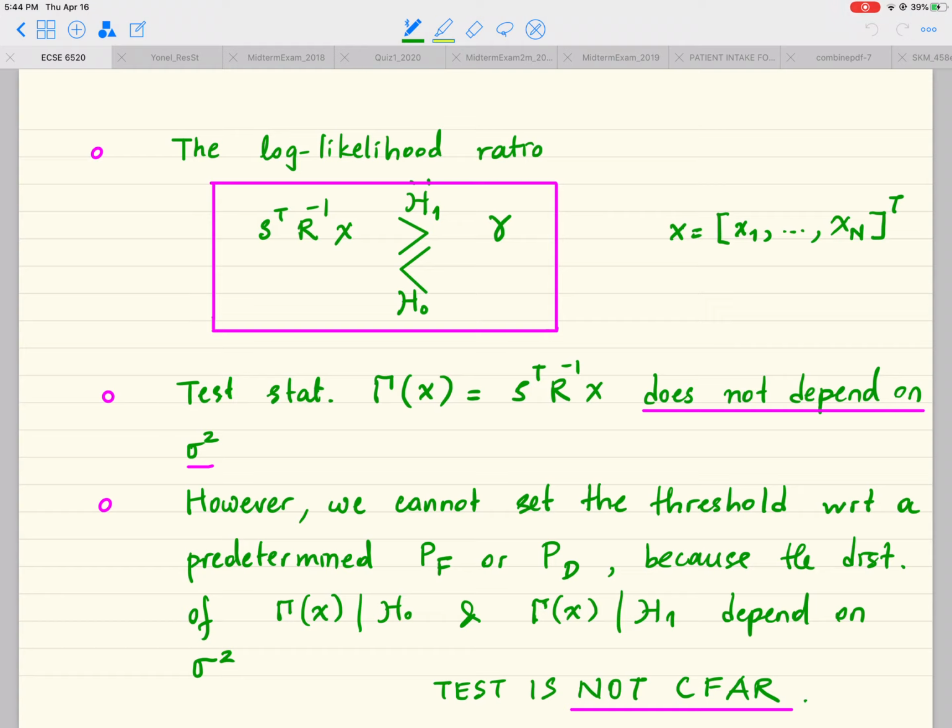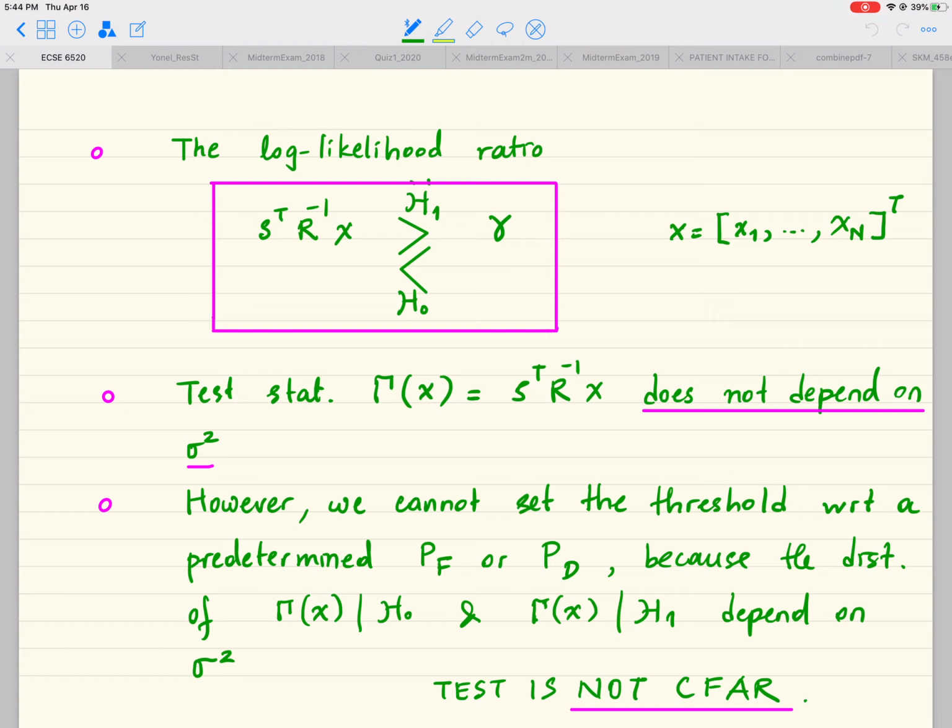Now, if you look at the test function S transpose R inverse X, this may not depend on sigma square explicitly, but its distribution under both the null and alternative hypotheses depends on sigma square, because X is Gauss with zero mean and covariance sigma square R under the null hypothesis, and it's Gauss with mean S and covariance sigma square R under the alternative hypothesis.